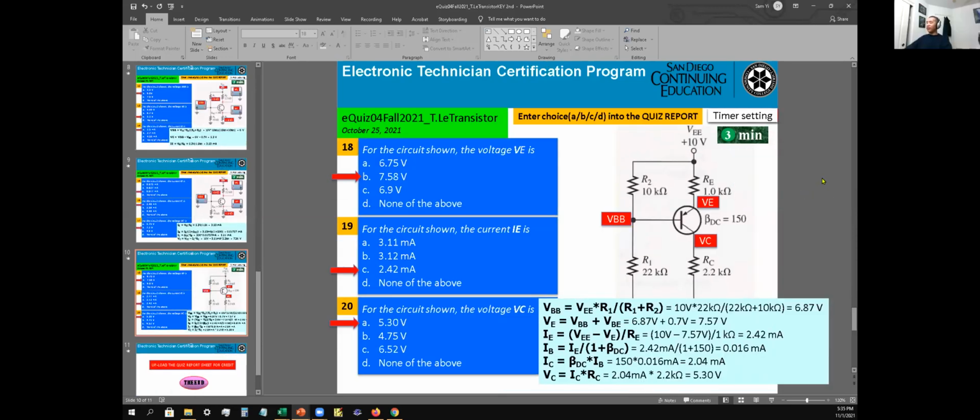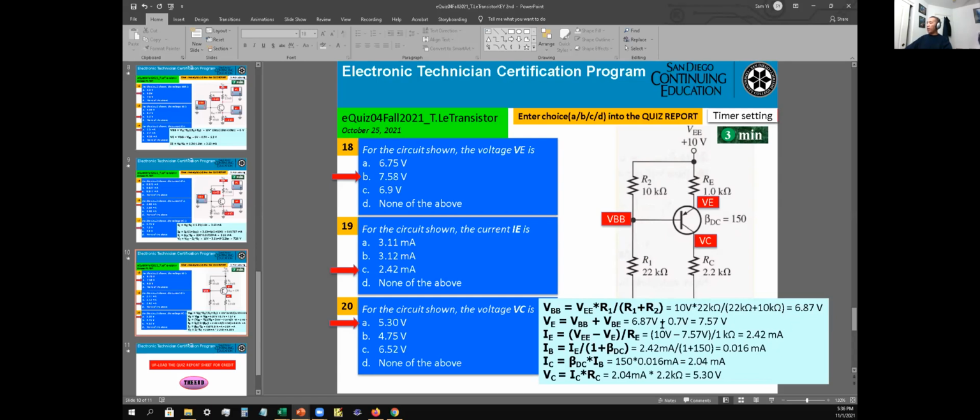Okay, this one's the last set. For the circuit shown, the voltage VE. VE would be here. There's going to be the voltage VB. First we want to calculate the VBB. VBB is going to be the voltage divider, like we said. Do the calculation, it should come to 6.87 volts.